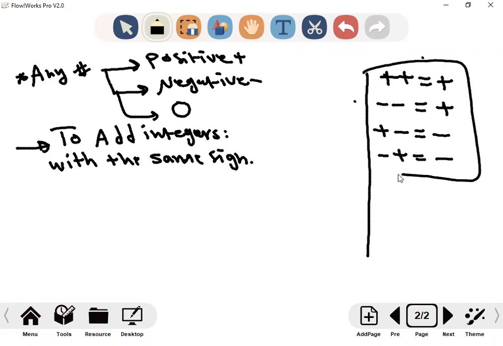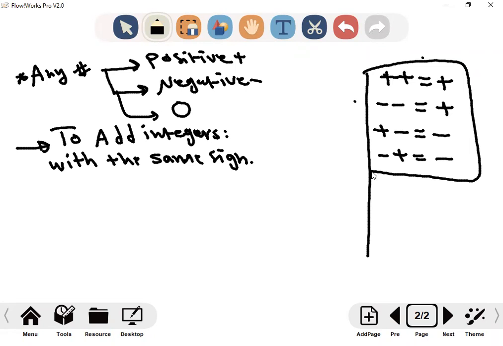This box is important. Keep it in your mind, please. This box is very important. So if we have two positives, we replace them with one positive, two negatives with one positive. If they are different, positive with negative or negative with positive, we replace them with negative.